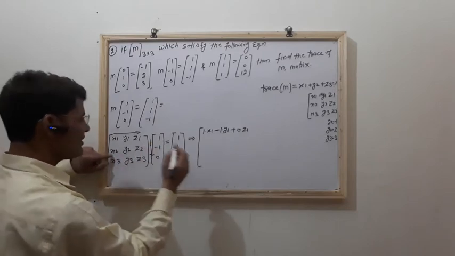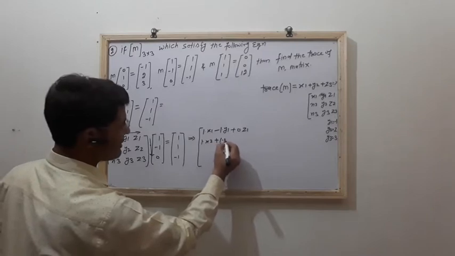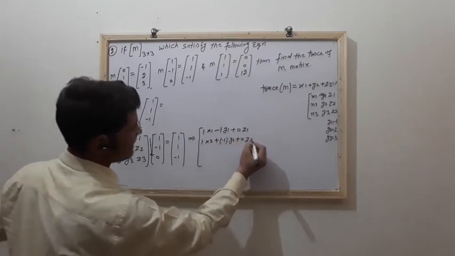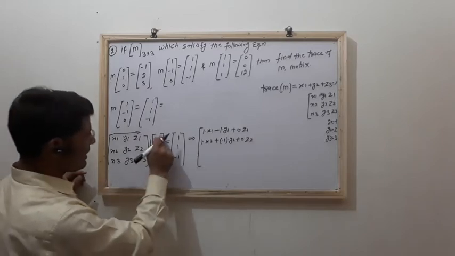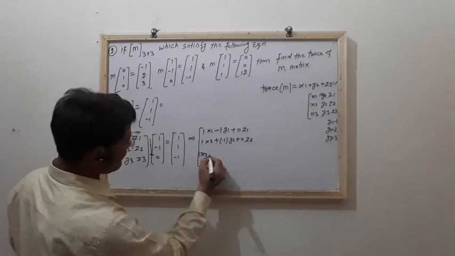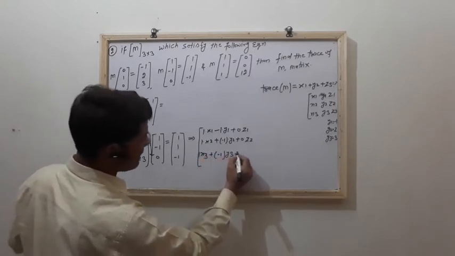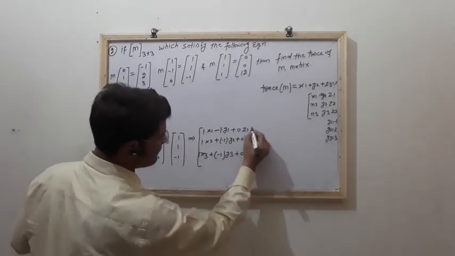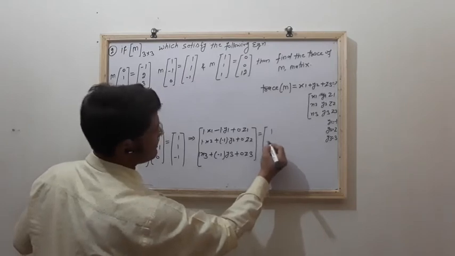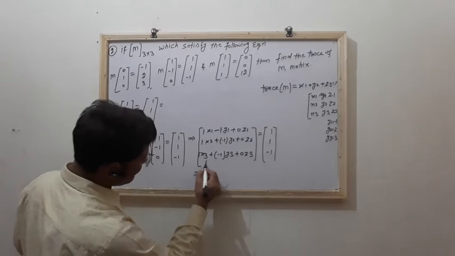Similarly, 1 into x2 plus minus 1 into y2 plus 0 into z2. Similarly, 1 into x3 plus minus 1 into y3 plus 0 into z3 is equal to 1, 1 and minus 1.